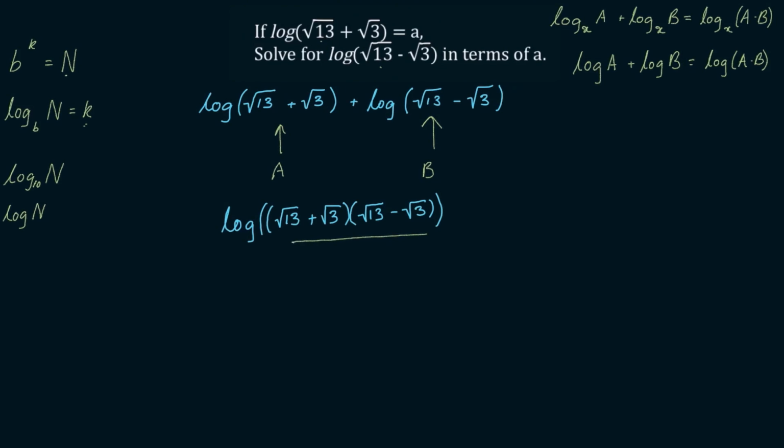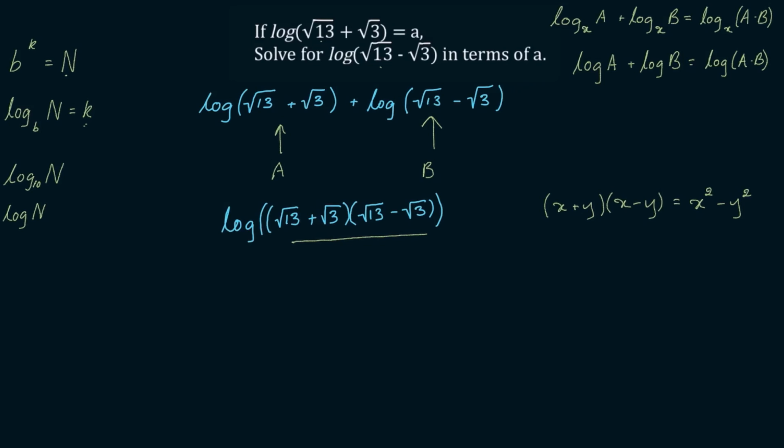Now, this setup should look a bit familiar. This is actually a result of the difference of perfect squares. Now, when solving for the difference of perfect squares, this is the formula: x plus y times x minus y is equal to x squared minus y squared.